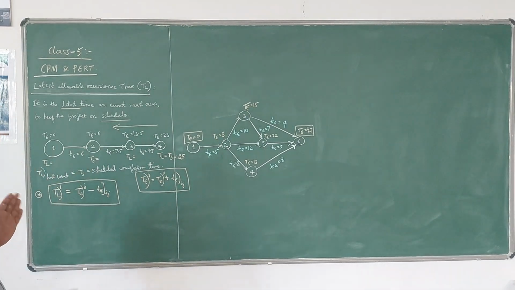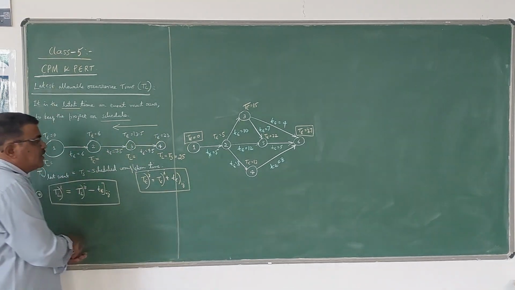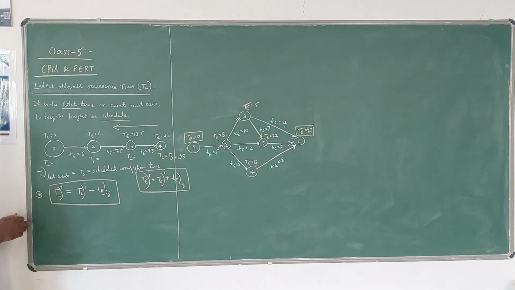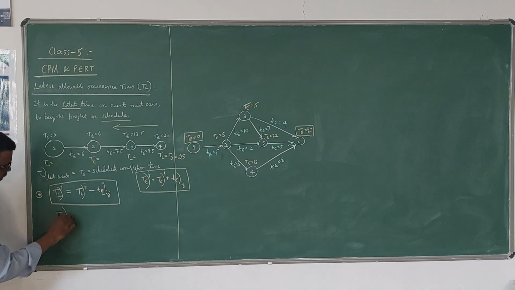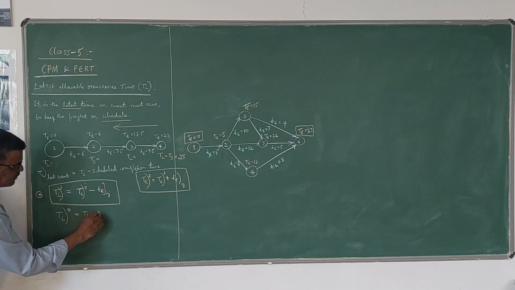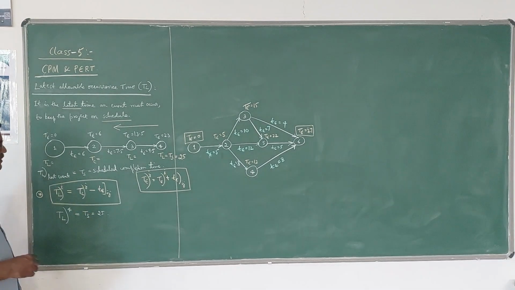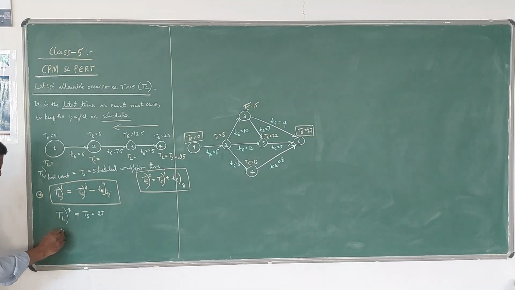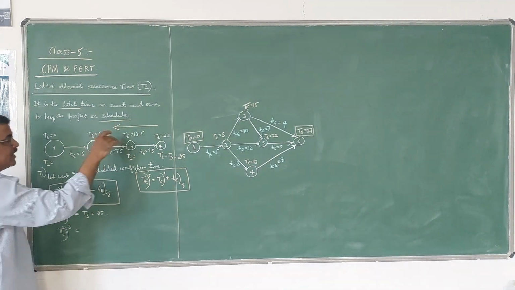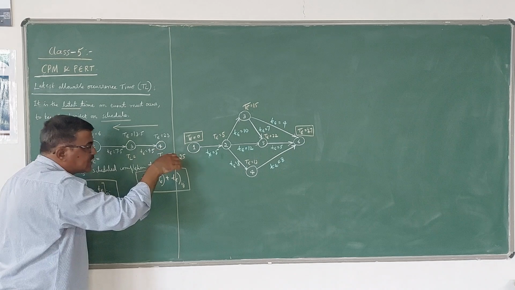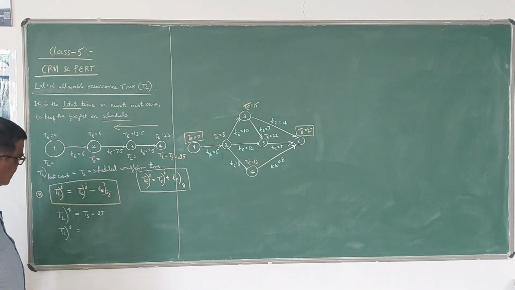So here we have to move in the backward sense. Now let us use this formula. TL for event 4 is known, which is equal to TS, which I give as 25 days. Now let us calculate TL of 3. TE is calculated in the forward sense, TL is calculated in the backward sense.